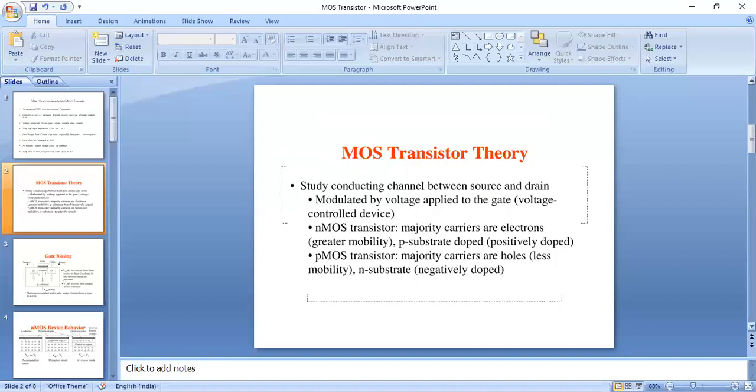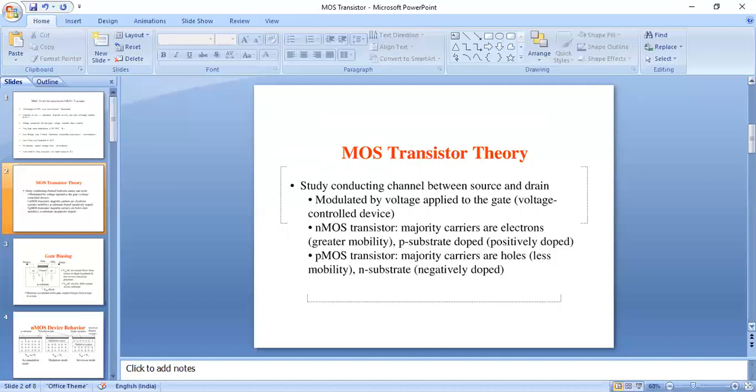These two N wells will be doped by the N material to offer a source and drain. The device operation is entirely based on the majority carriers, electrons. That's why it is said to be an NMOS transistor.